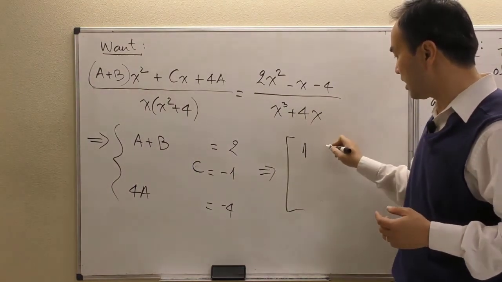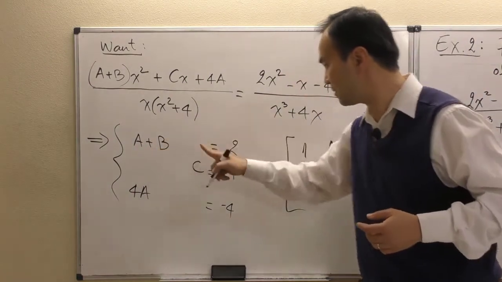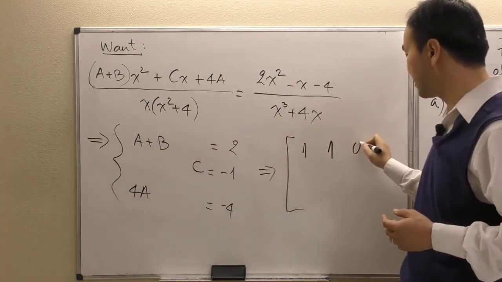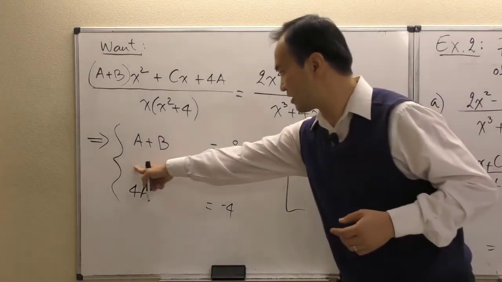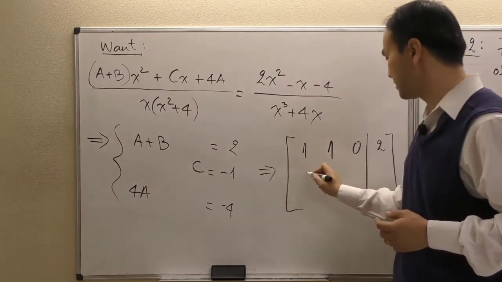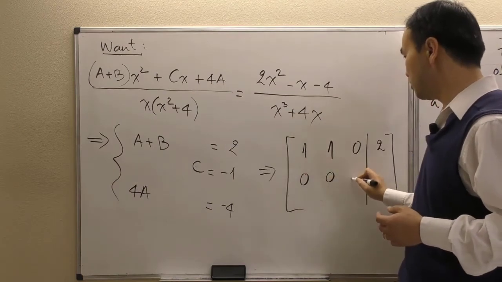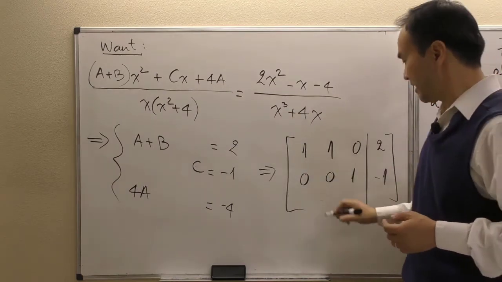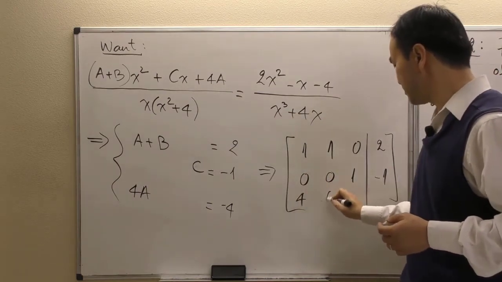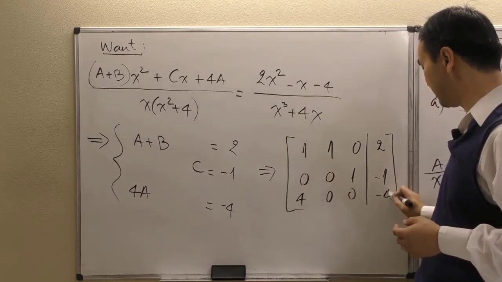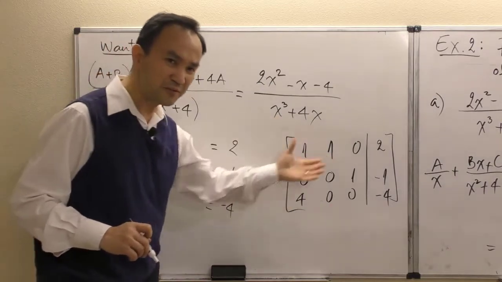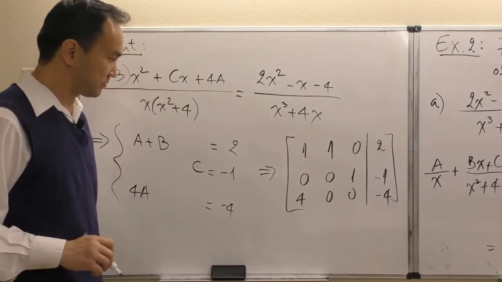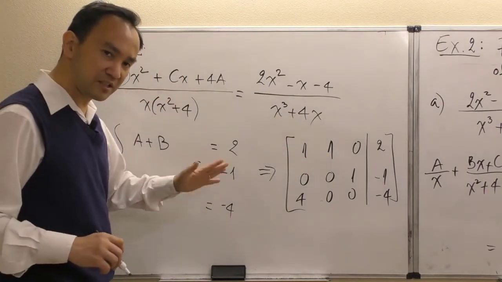We're looking at 1, 1, 0, and 2 on the other side. Then 0, 0, 1, and -1. And 4, 0, 0, negative 4. That's the matrix in case anyone would like to find the values of a, b, and c from it.